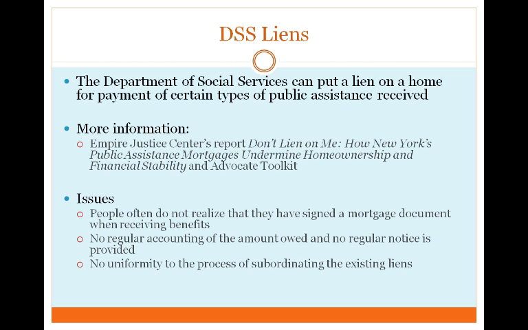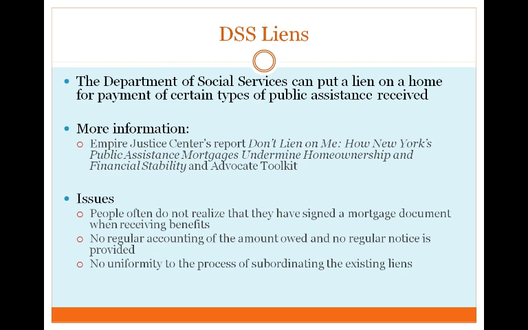Generally, there's not a regular accounting given to your client, the homeowner, of how much is owed and how much is accruing, because as your client continues to receive benefits, it's accruing a higher balance, but you don't exactly know what that is. Many of these I've seen, at least in our area, are stated to be $1, but with the ongoing accruing, so you can't tell just by looking at them.